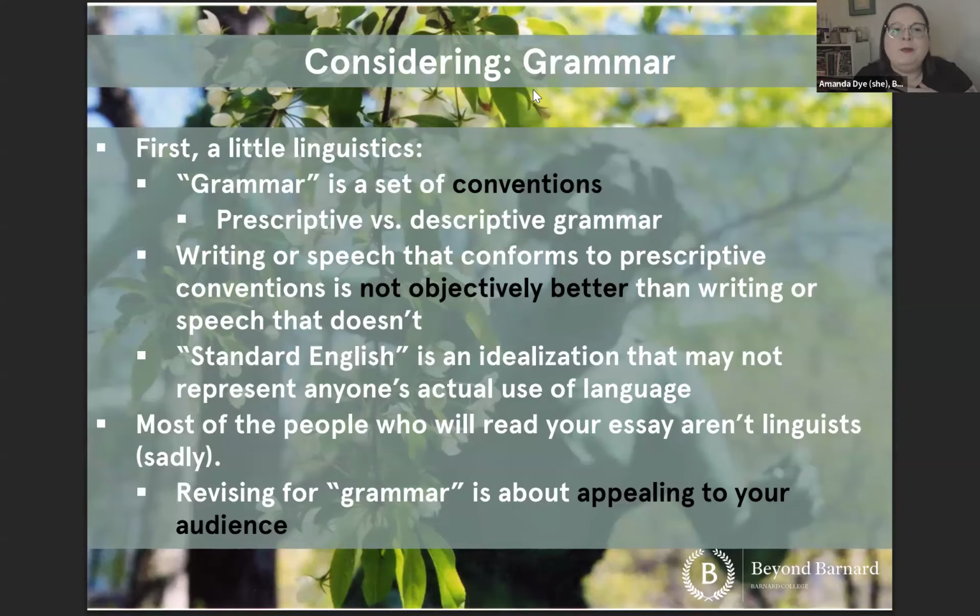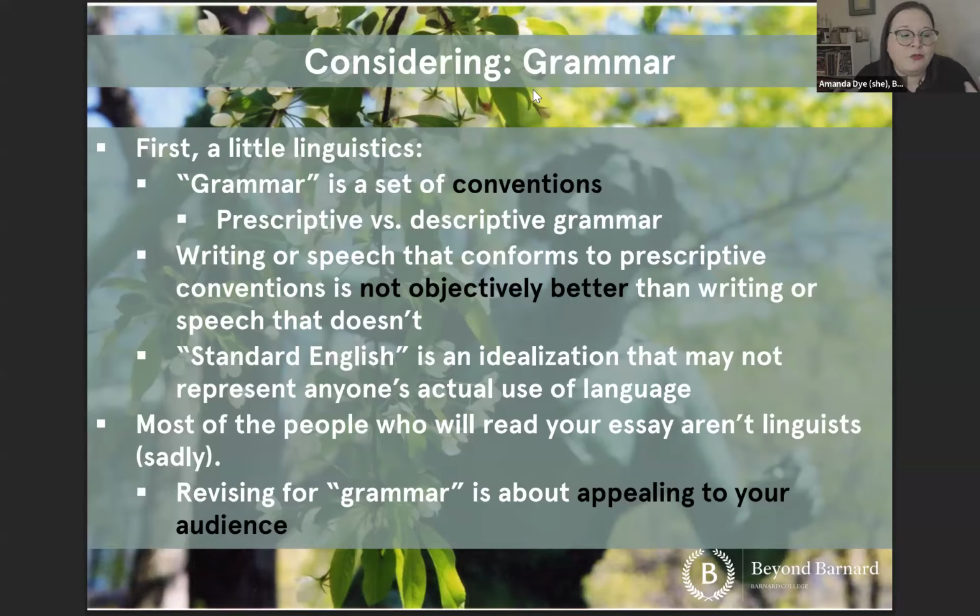My intellectual people are focused much more on descriptive grammar, so understanding exactly how people naturally use their language, versus prescriptive grammar, which is what's in books about how you write sentences, like don't end sentences with a preposition, et cetera, et cetera. My personal human perspective is that writing or speech that conforms to prescriptive conventions is not objectively better than writing or speech that doesn't.